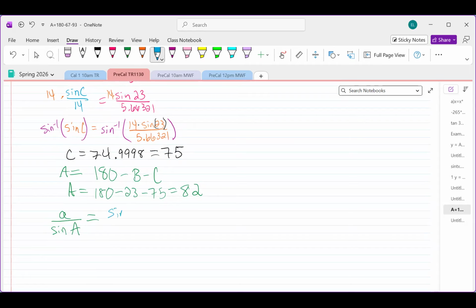Either one will work. Oops. But you have to make sure you write the fractions in the same order. I put the side on top, so I couldn't write sine C on top. I had to write side C on top, divided by the sine of angle C on the bottom.